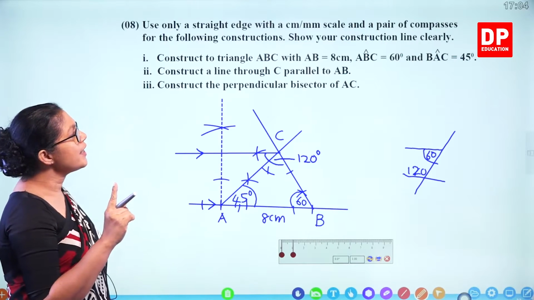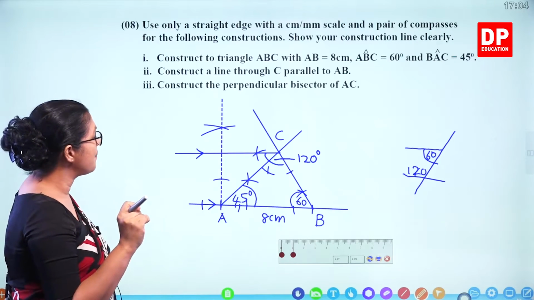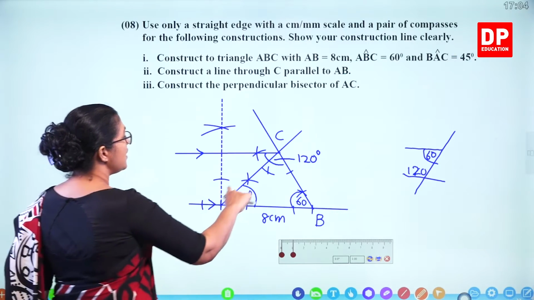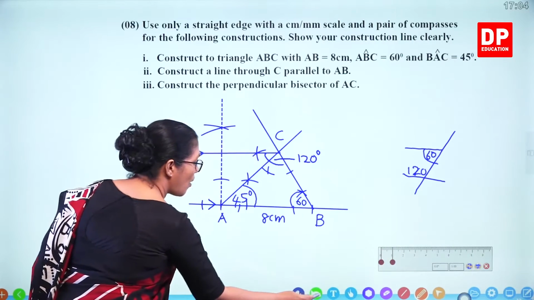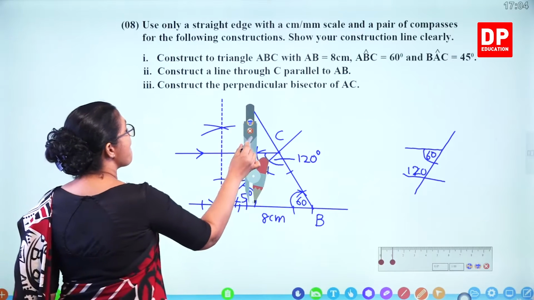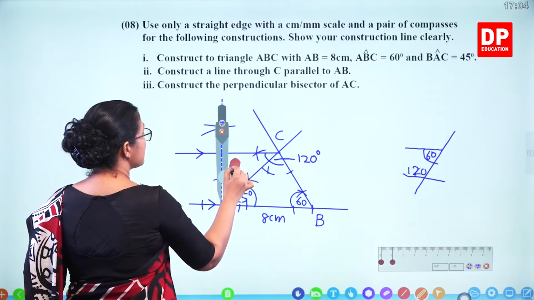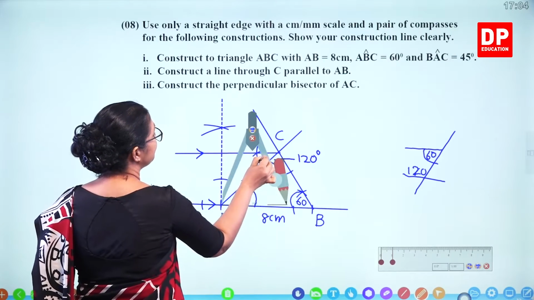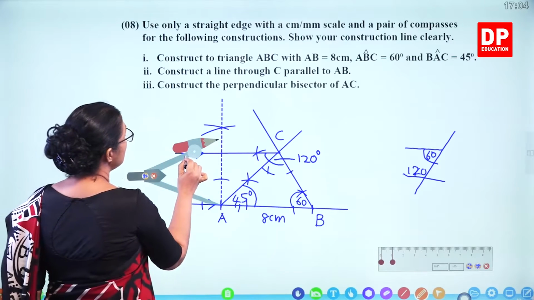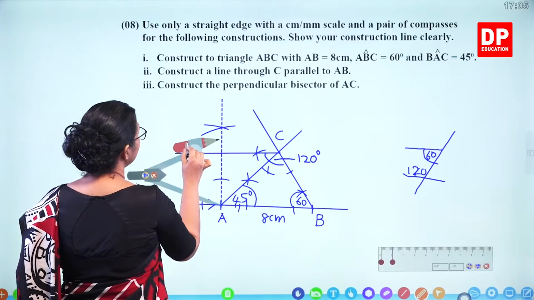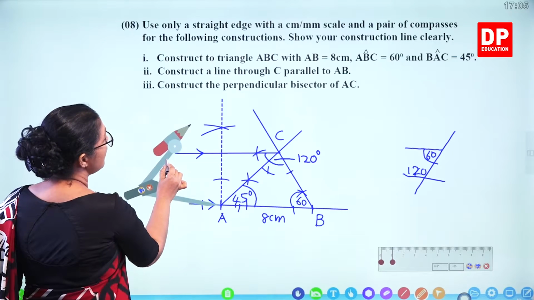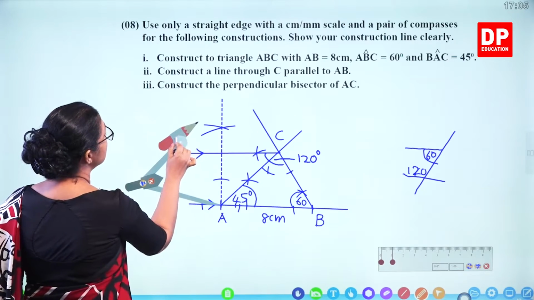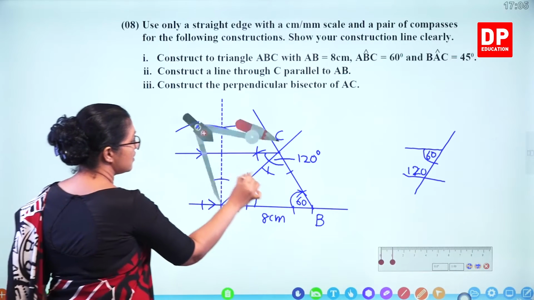Construct the perpendicular bisector of AC. How do you draw the perpendicular bisector? You take the compass again, take a certain distance. I'll take a longer one, otherwise you can't see all your arcs. Draw an arc here, an arc below.